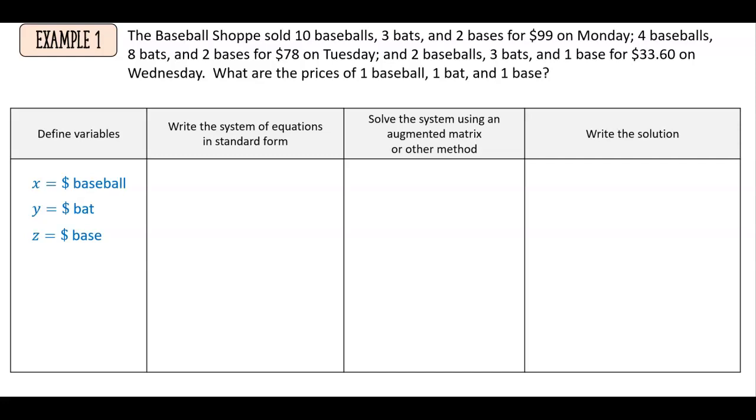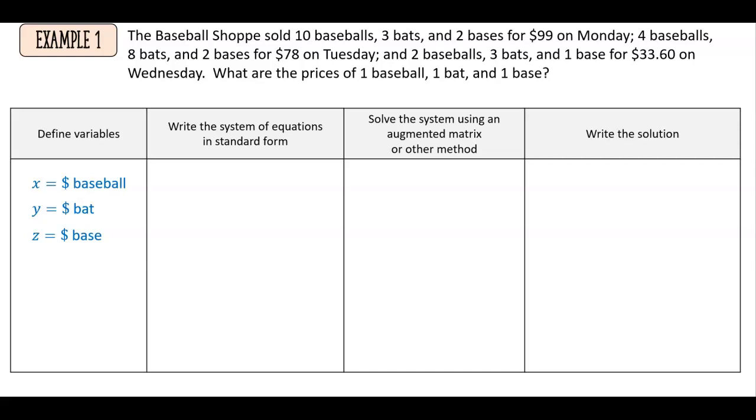Now here's the question. Can you turn that information at the top into an equation? So let's think about this. If 10 baseballs, which is X, 3 bats, which is Y, and 2 bases, which is Z, give you $99 or equals $99, what would an equation be that I could write for that? 10x plus 3y plus 2z equals 99.